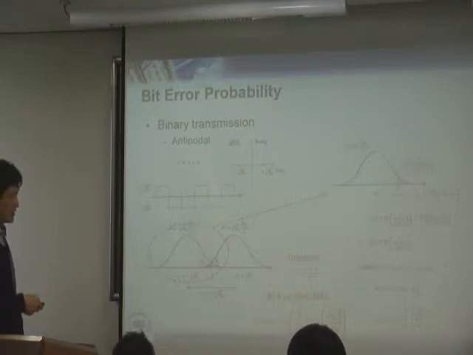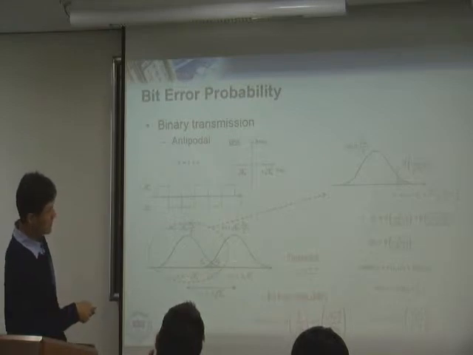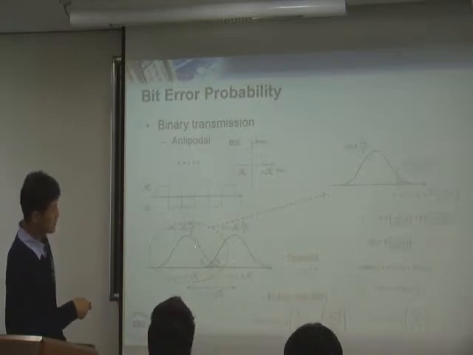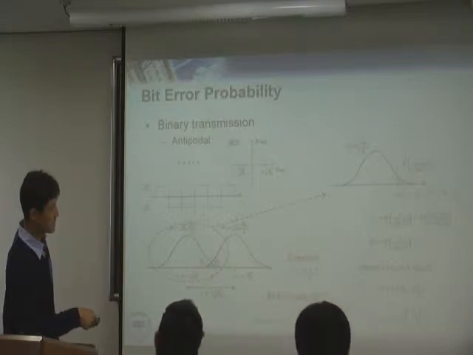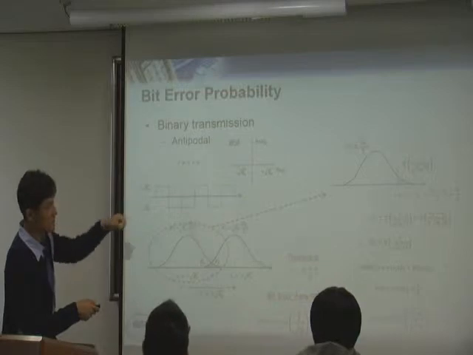And now as you see here, this is the miss probability, this is the false alarm probability, right? And everyone knows that for this Gaussian distribution, especially this area, the error probability can be written as a Q function. What is a Q function? This one is a Q function, right?